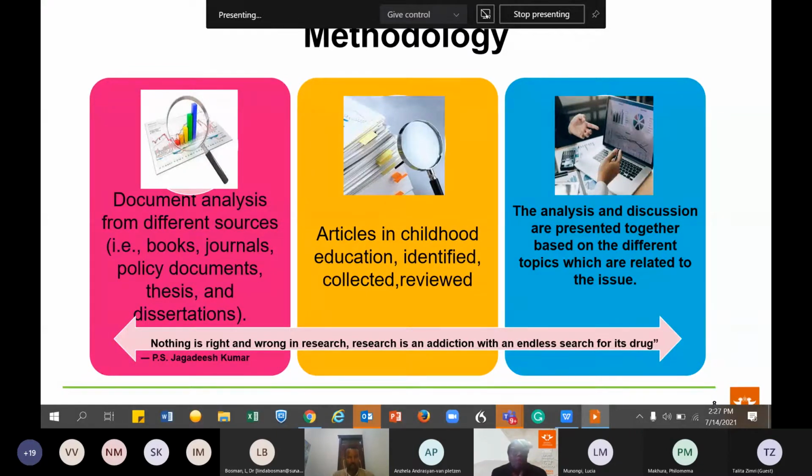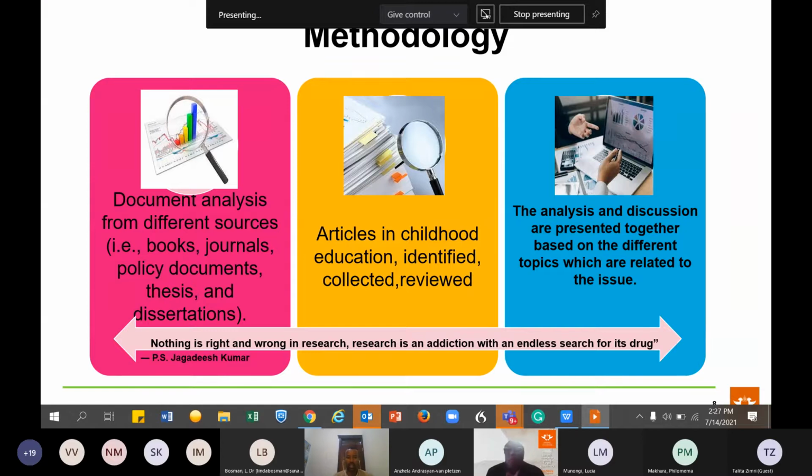So the method that we have followed to conduct this study is a review study, and we pass different stages. The document analysis is from different sources, that is books, book chapters, journals, policy documents, and other sources.